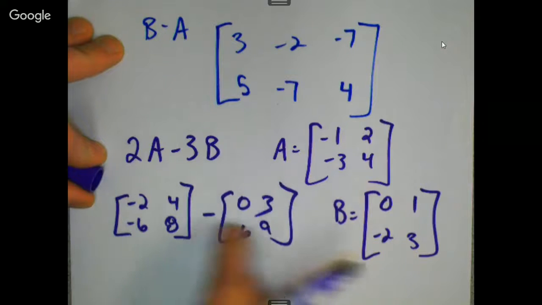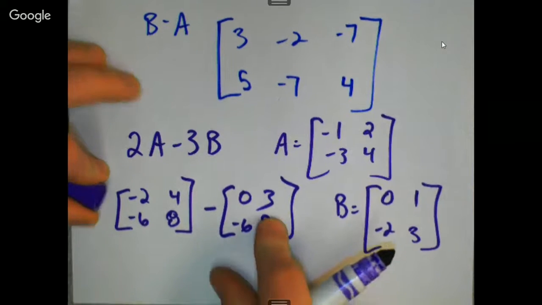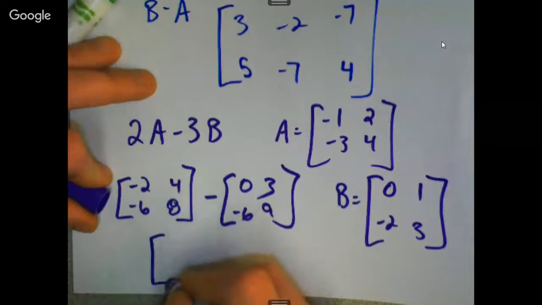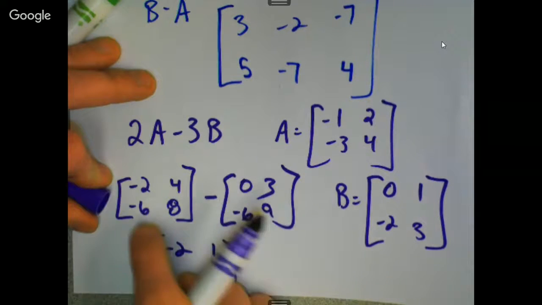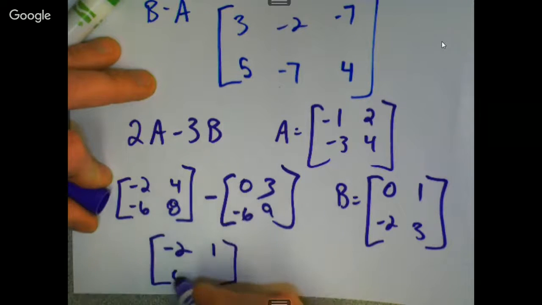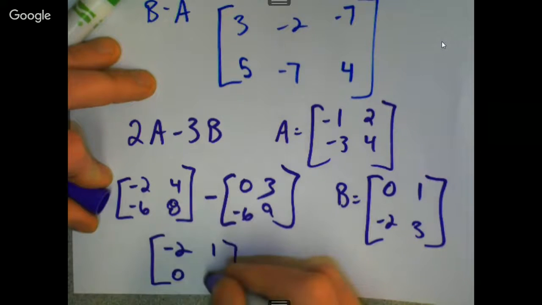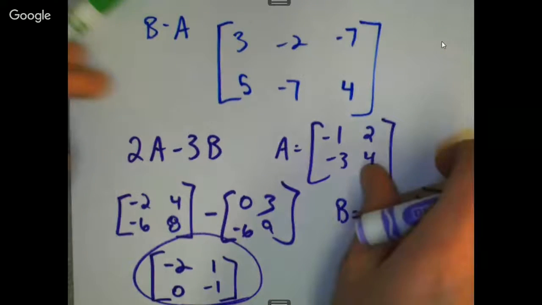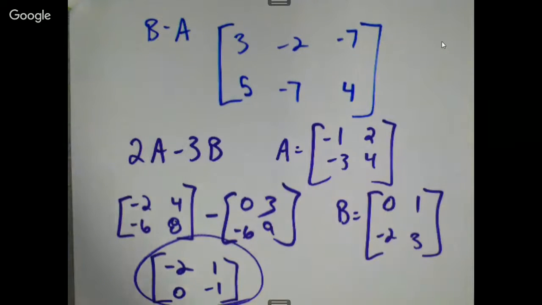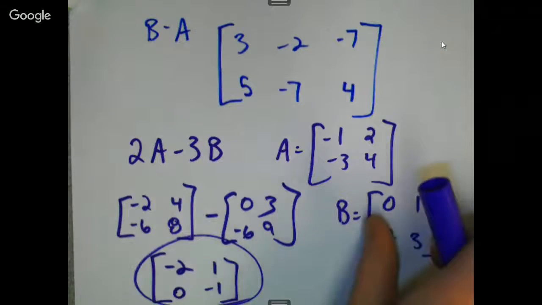And now we're going to subtract these two matrices, which I can do because they are the same size. So you have -2 minus 0, 4 minus 3, -6 minus -6, 8 minus 9. And there's our answer. So that was scalar multiplication.